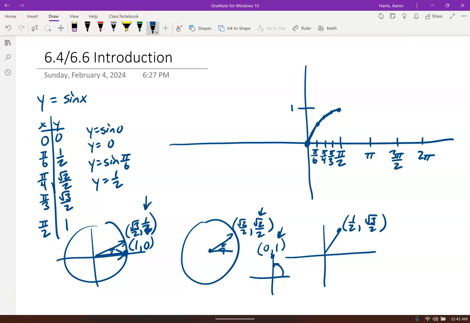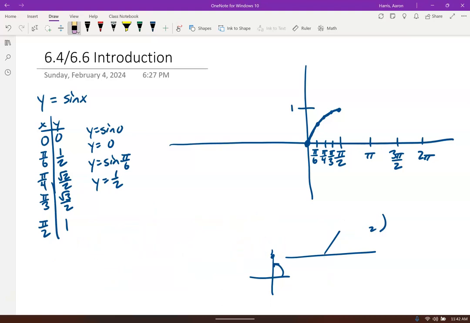And then I can keep going with that. So I could punch in 2 pi thirds, be another one, it'd give me this point. I could punch in 3 pi fourths, be another one, give me that root 2 over 2, and so on.